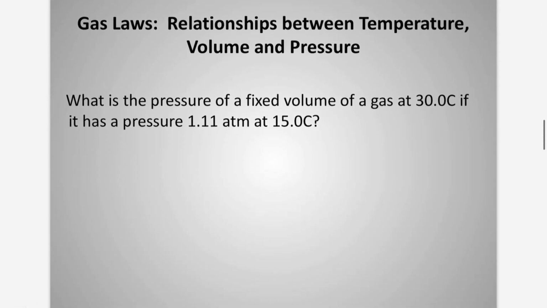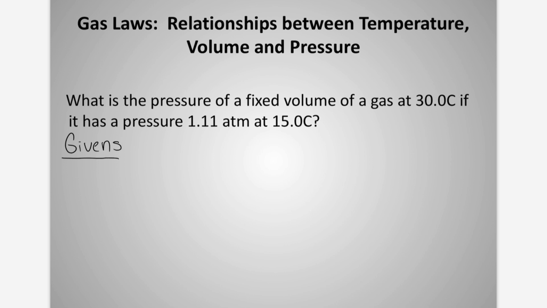So let's look at an example problem here. Our question says, what is the pressure of a fixed volume of gas at 30 degrees Celsius if it has a pressure of 1 atmosphere and 15 degrees Celsius? Well, when we're solving these problems, we're going to use the GUESS method of problem solving. So the first thing that we're going to do is write down our given information.